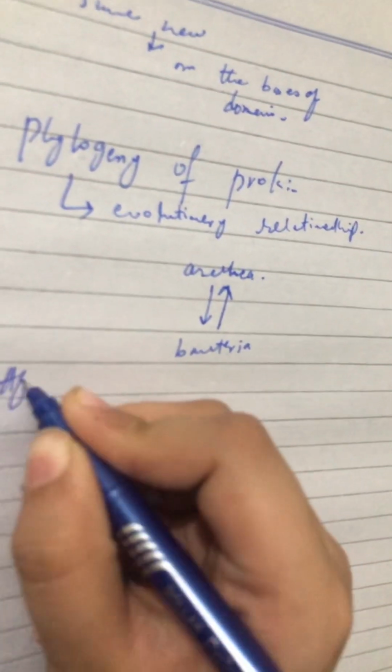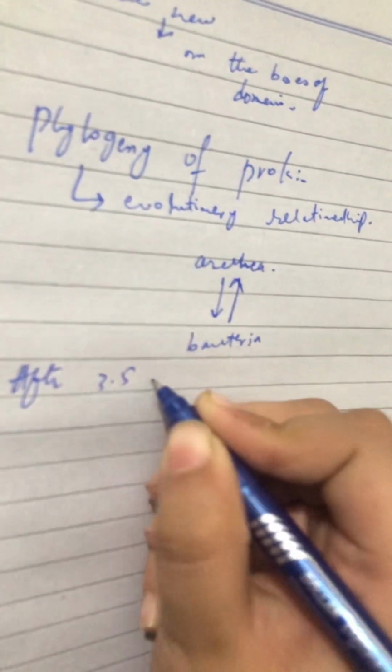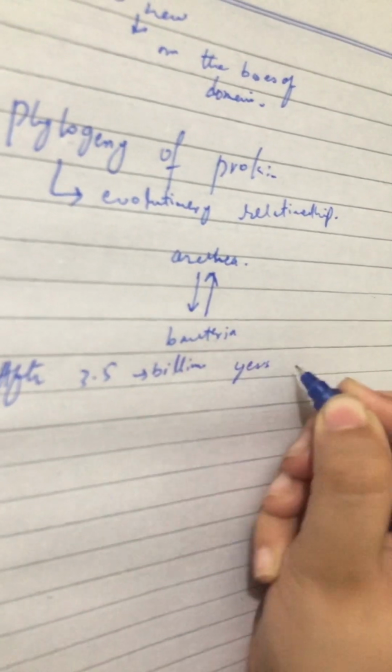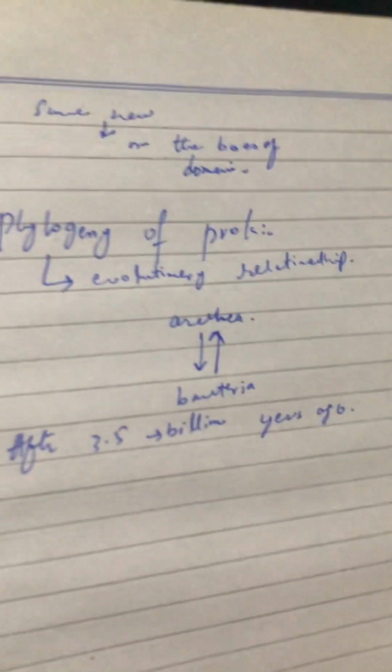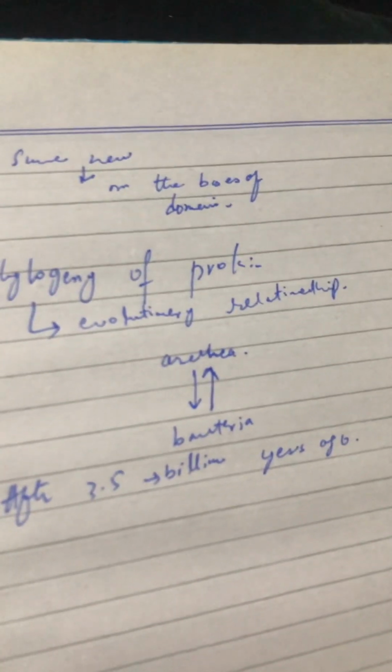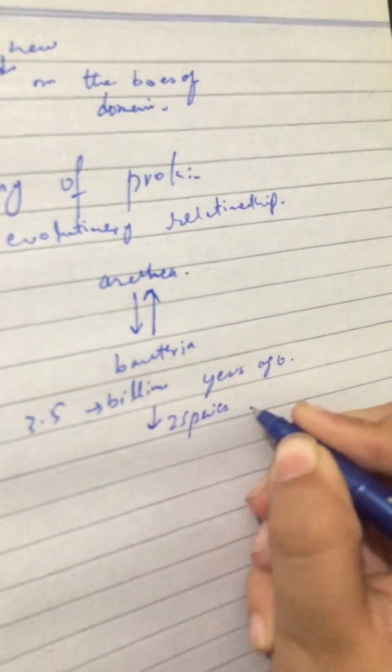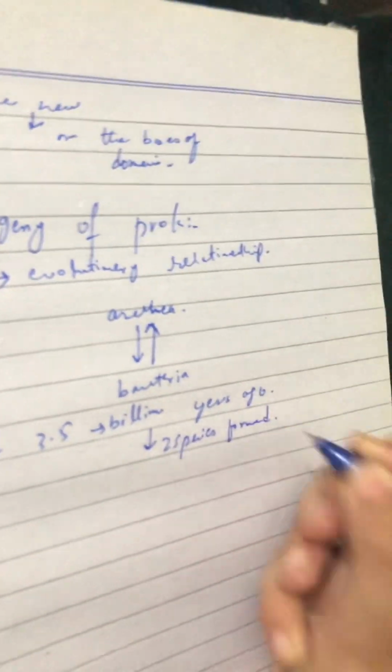After 3.5 billion years ago, two species were formed. Which were these? Two species formed.